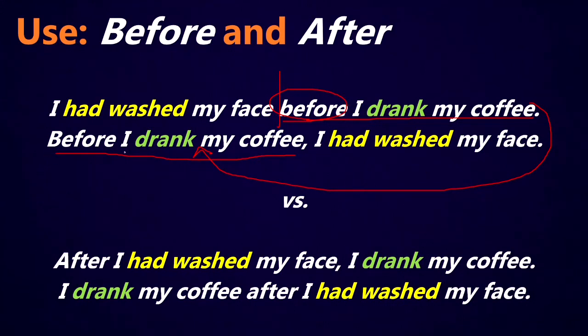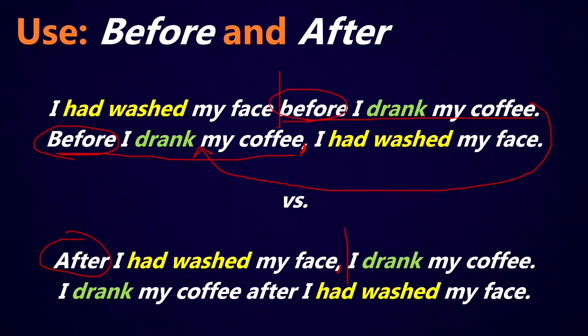Now when I do this, when I start the sentence with the word before, or if I start the sentence with the word after, I've got to put a comma after that clause. So before I drank my coffee, comma, I had washed my face. Or after I had washed my face, comma, I drank my coffee. So again, we can see that down here with the word after.